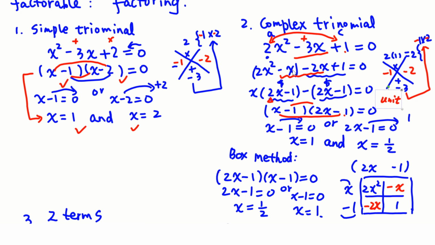And also, if you don't use the traditional method, you could use the box method. The two numbers you found, put them diagonally in these boxes. Then factor the first row, then do the divisions.